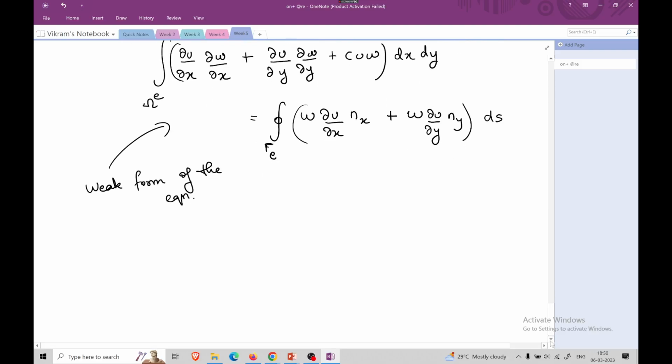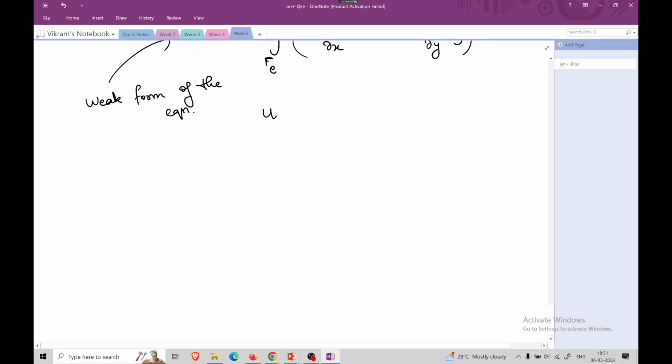In this weak form, let us say my u is equal to the summation j equal to 1 to n of uj psi j, where uj is u at the jth node and psi is nothing but the interpolation function.